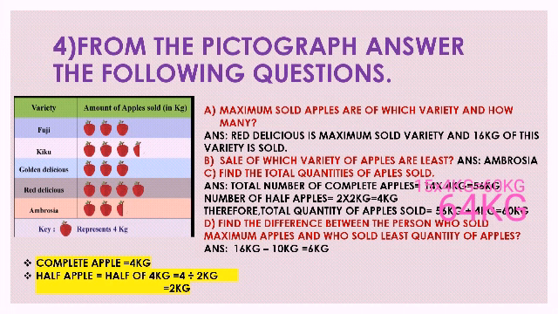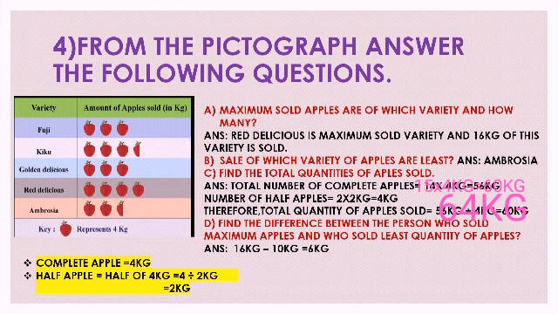Now Kiku. The variety Kiku has 3.5. Now look here students. One whole apple, that is one complete apple, means 4 kgs. So if it is given half a diagram of the apple, a picture of a half apple, then what will be the quantity of the apple?